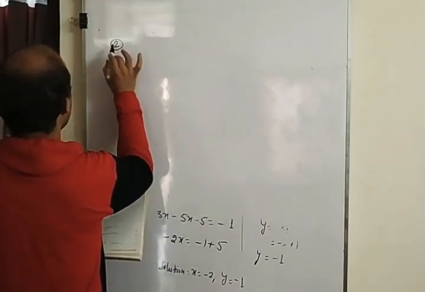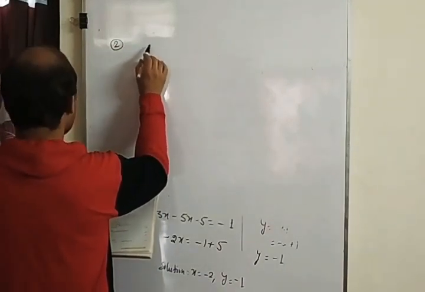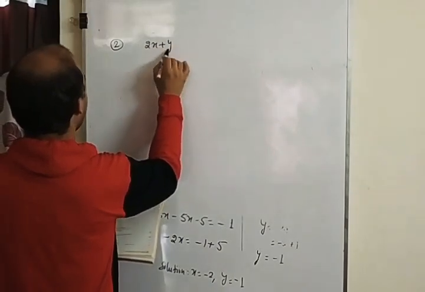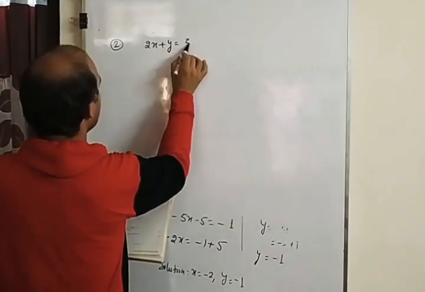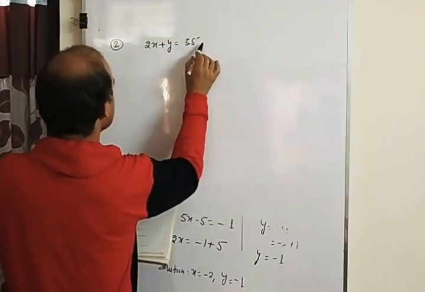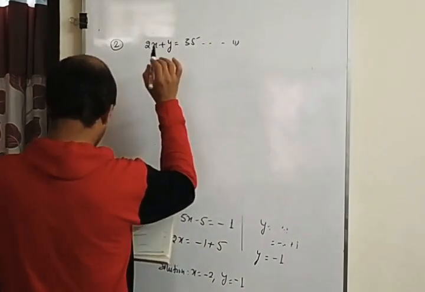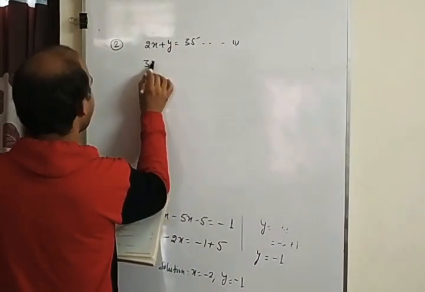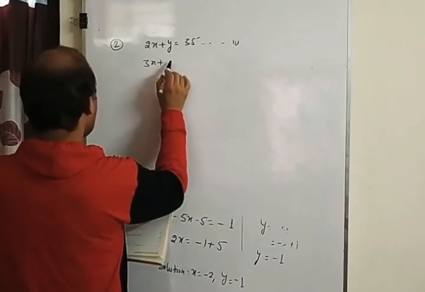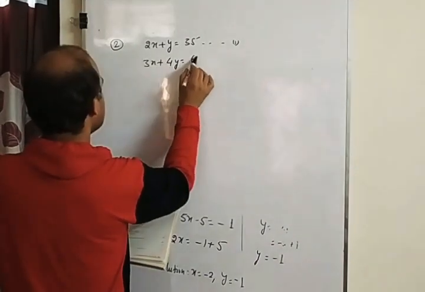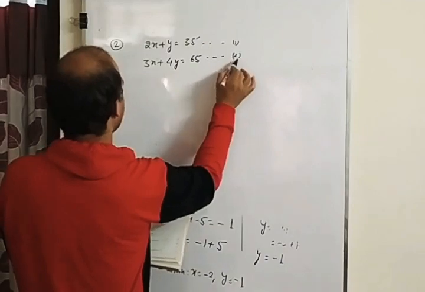Question number 2. It is 2x plus y equals 35. This is equation number 1. And the second equation, 3x plus 4y equals 65. Equation number 2.